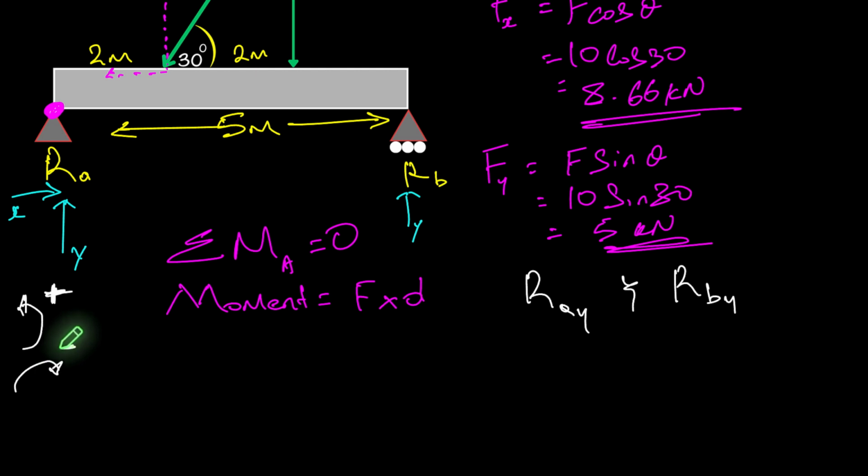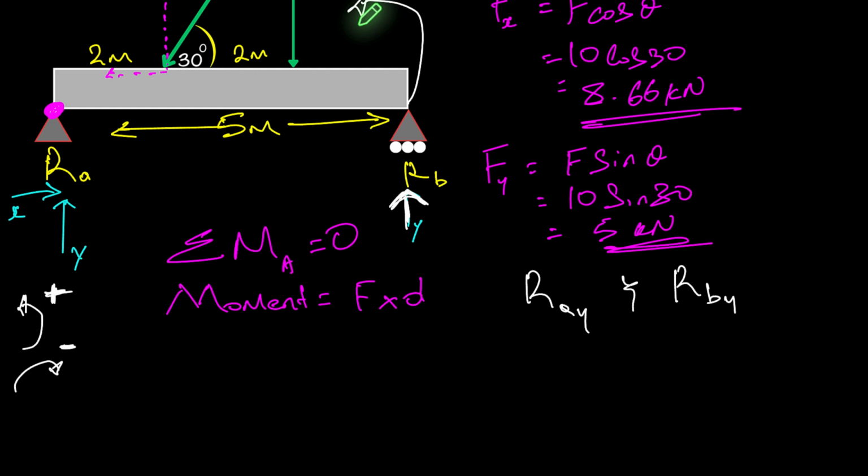So any force that is going to give the effect of a counterclockwise rotation, for example RB, this reaction force going upwards at RB, is going to rotate in a counterclockwise direction. So I'll take that as positive.